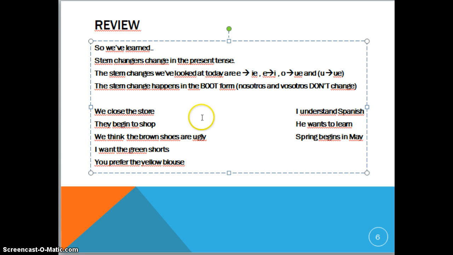Alright, so I'll give you the verb and see if you can conjugate it. Cerrar.